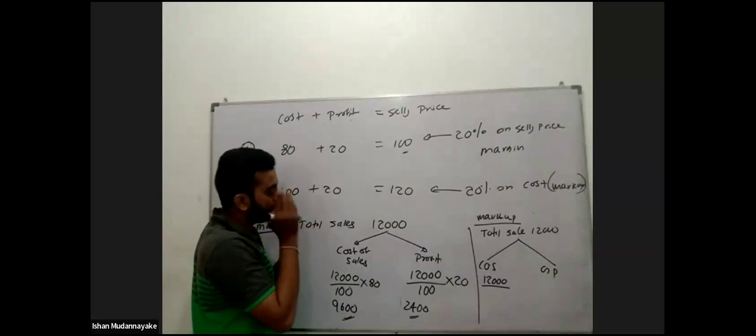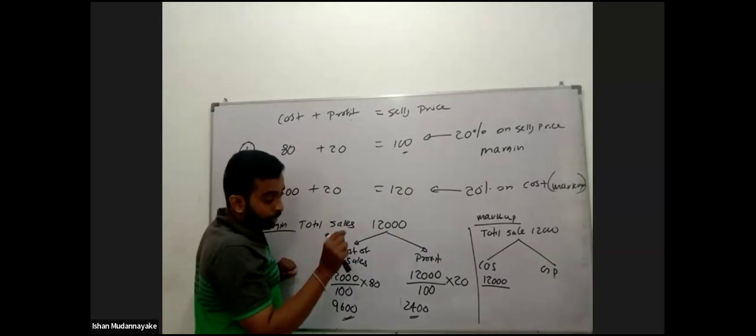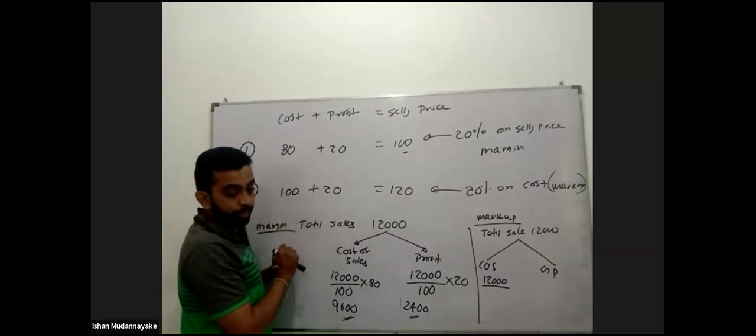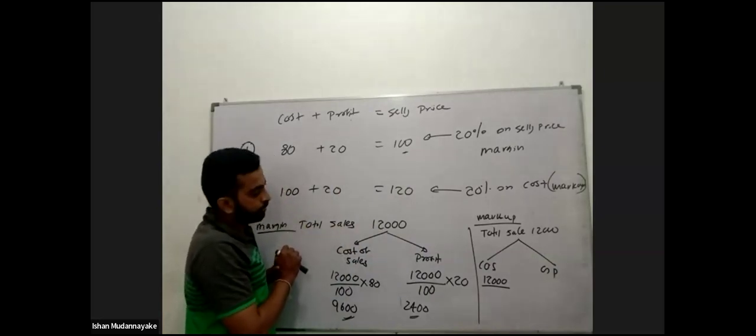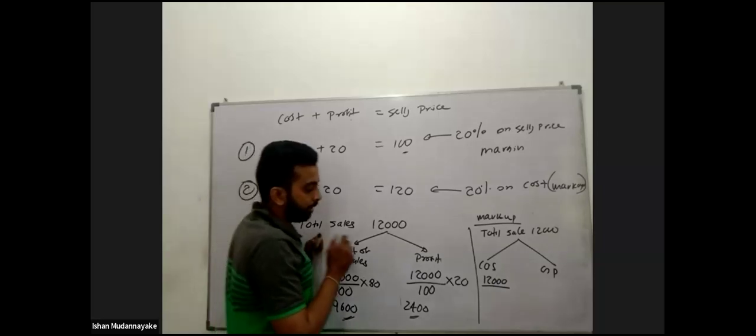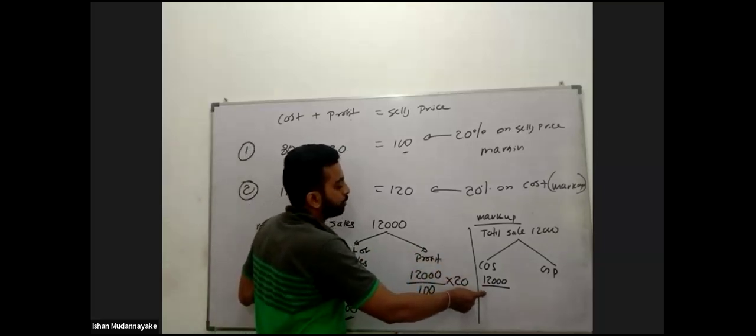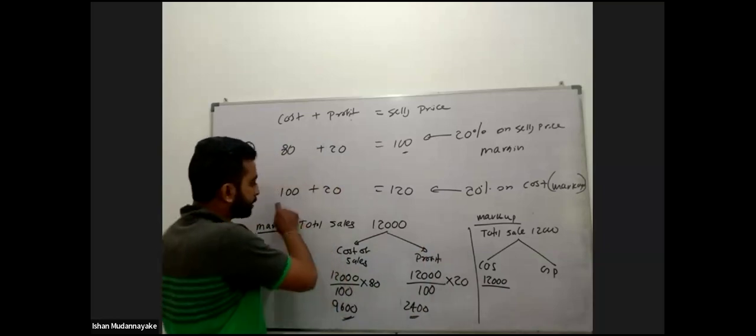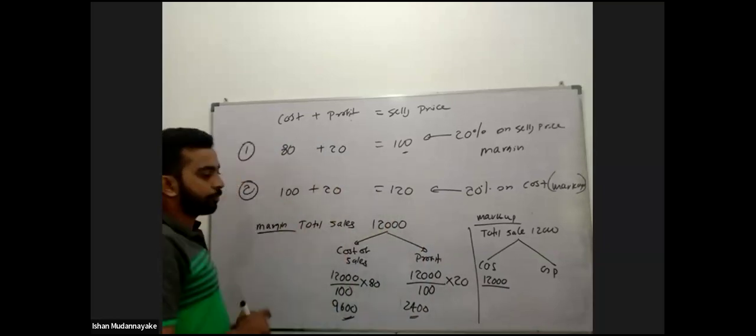If total sales of the business organization are 12,000, which one is the equal amount to this 12,000 from this price calculation?